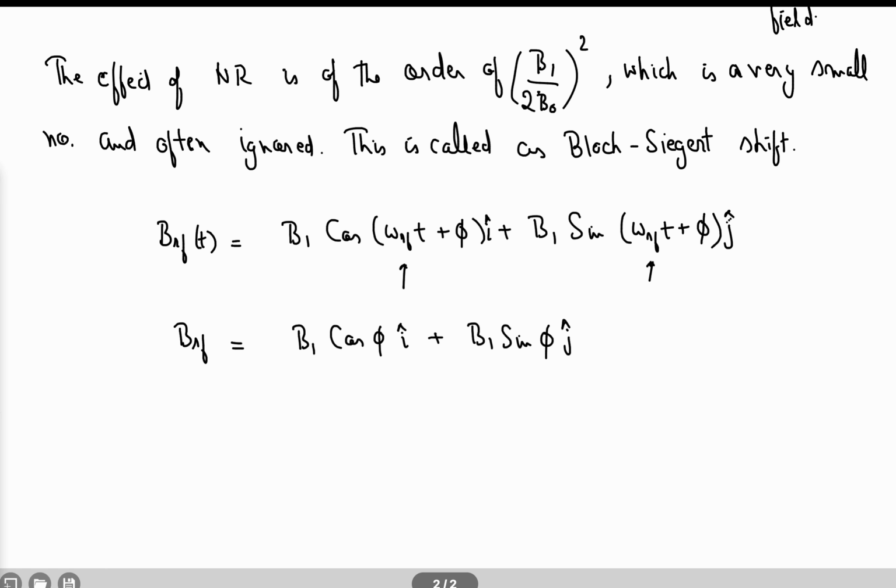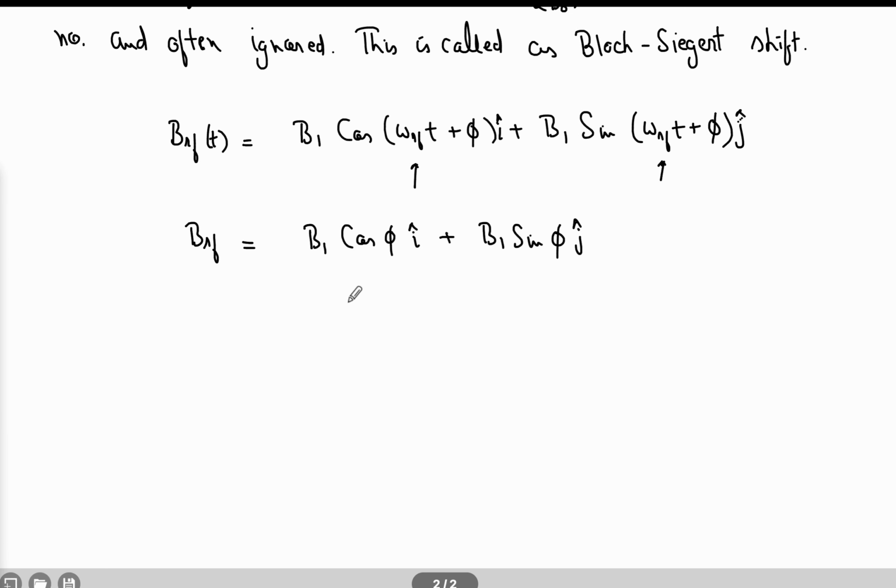So now if you want to show this in the vector diagram, you can show it as, so now I'm directly writing the ΔB0, I'm not writing how it comes, ΔB0. So ΔB0, and then this is your B1, which is the magnitude.